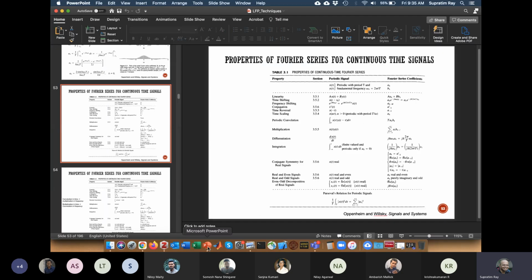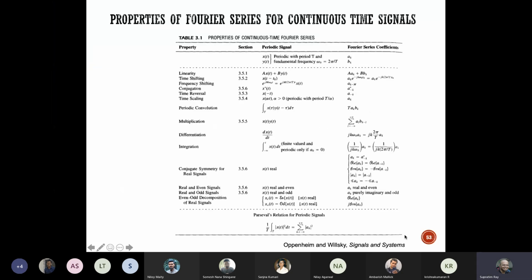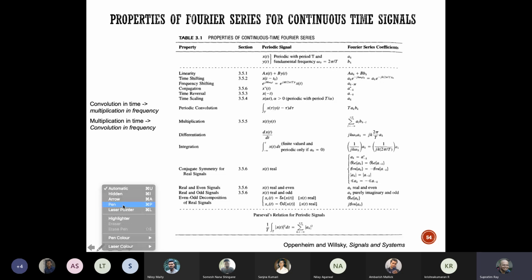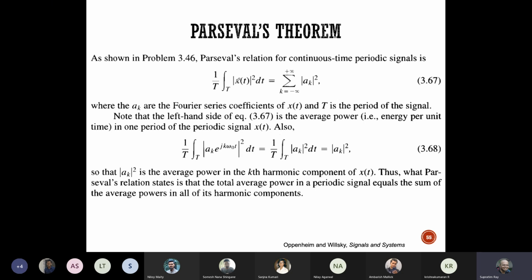Okay, so let me go back. So this is what I was mentioning. This is Parseval's equation. Parseval's relation relates the signal here in the integral over the time domain to the sum of the coefficients in the frequency domain.